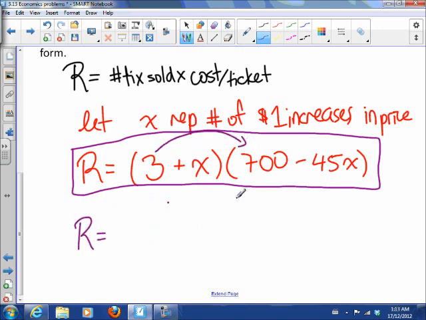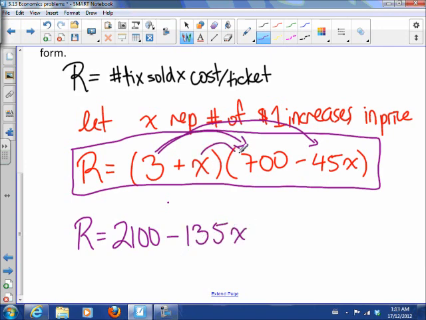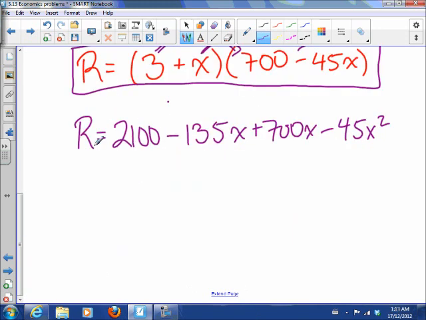Okay, so we'll expand. 3 times 700 is 2,100. 3 times negative 45 is negative 135x plus 700x minus 45x squared. Okay, so now we collect like terms. So that's this and this.